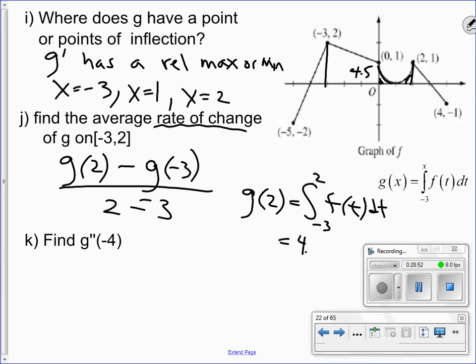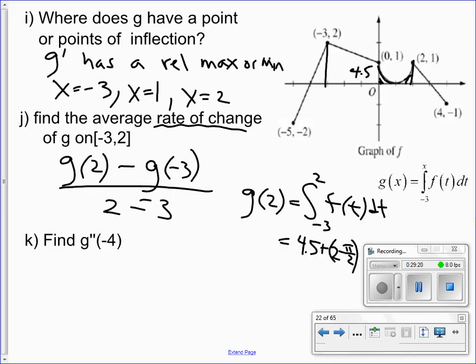So 4.5 plus 2 minus pi over 2. So the definite integral from negative 3 to 2 is area above minus area below. It's all above, so we just add up these areas. The area of this trapezoid we figured out was 4.5.